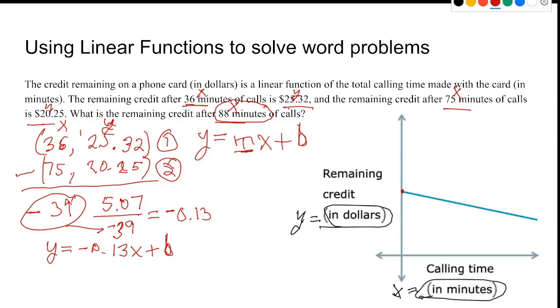So I'm going to take point 1, and so for the y value, I put in 25.32. That's equal to, and don't forget that negative 0.13, times the x value, which is 36, plus b. So I'll do the arithmetic. 0.13 times 36 gives us 4.68.